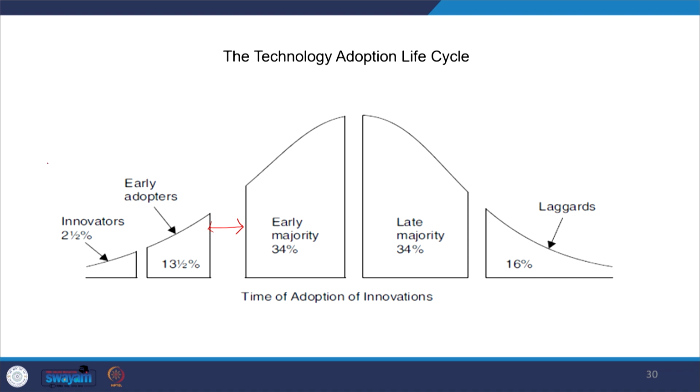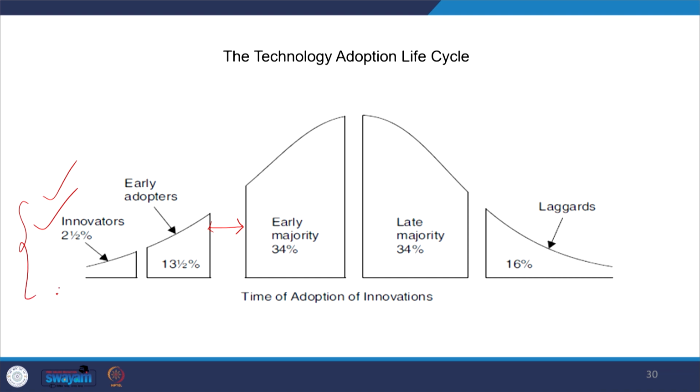So, if you are thinking, let us say, of a B2B product manufacturer, these innovators are the very important people because they are the ones who will try this product, and once they try this product, then they spread the word to the market about the product. Okay. So, what kind of a product it is, how it is performing, how it can be helpful for your cost cutting or your time saving or whatever it is, right.